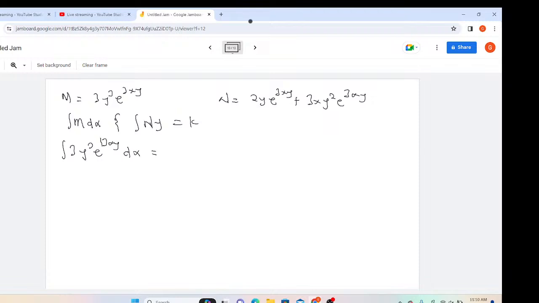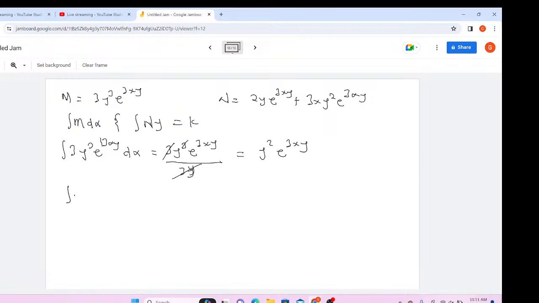I differentiate what is in the exponent and I divide by that. So 3y cubed e^(3xy), and I differentiate what is there with respect to x, I get 3y. So this becomes my integral. 3y cancels 3y, so I get y squared e^(3xy).